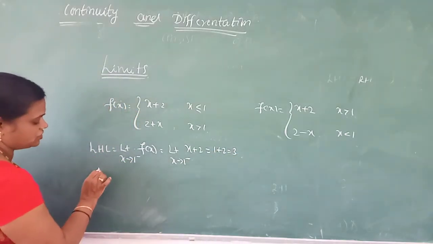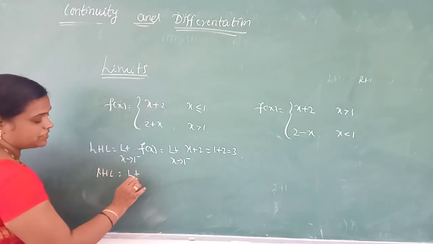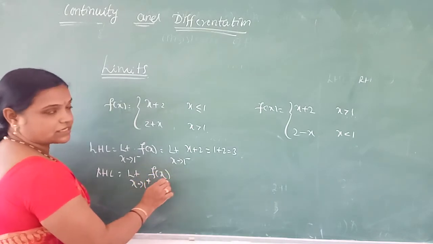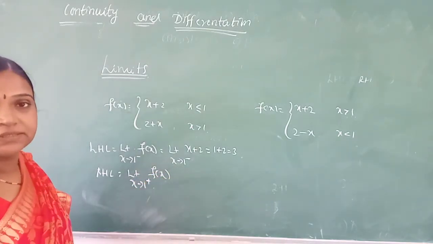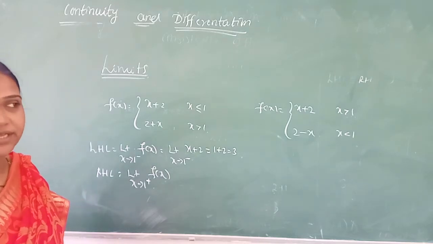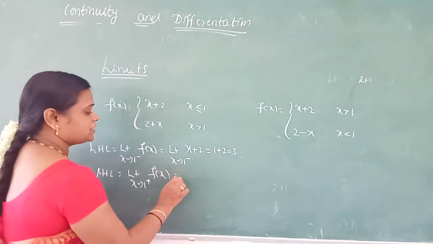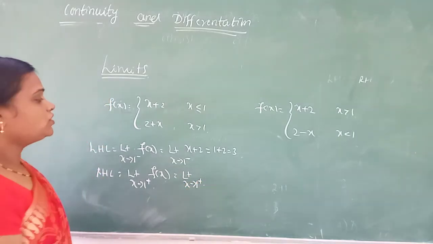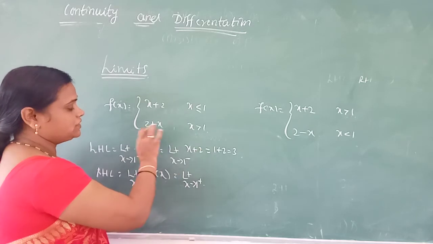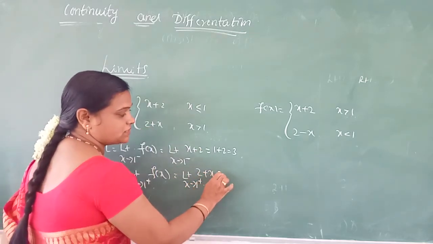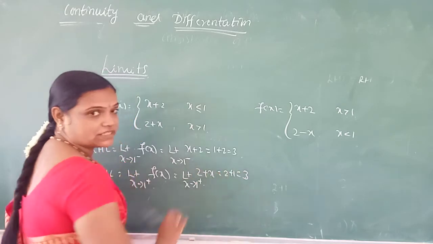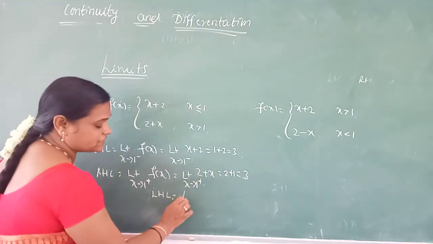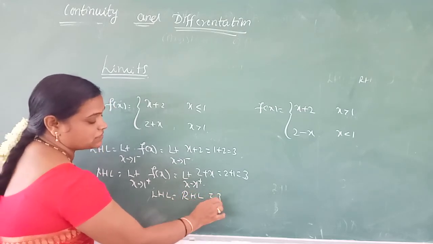Next, RHL: limit as x tends to 1 plus of f of x. 1 plus means more than 1. For more than 1, the function is 2 plus x. Applying 2 plus 1, we get 3. Here the left hand limit value and right hand limit value are both the same.